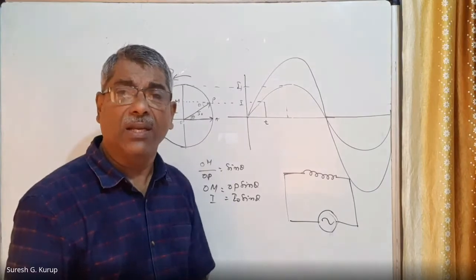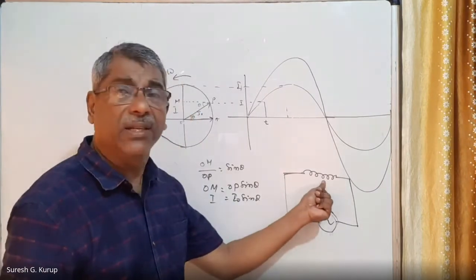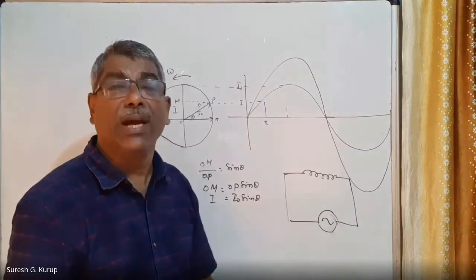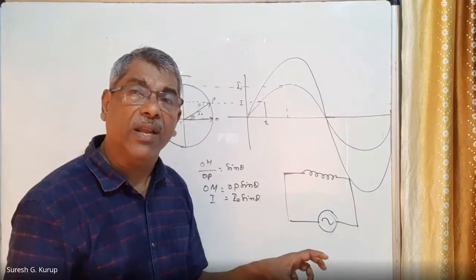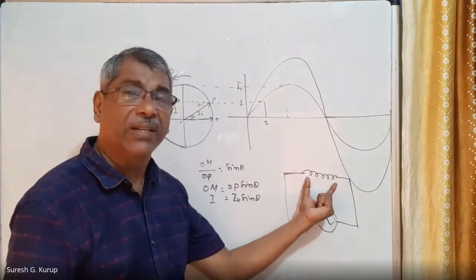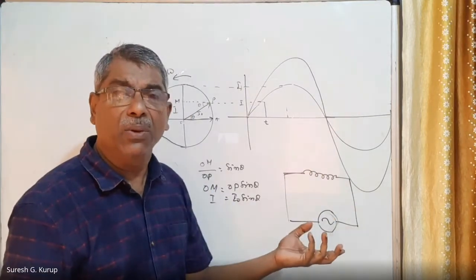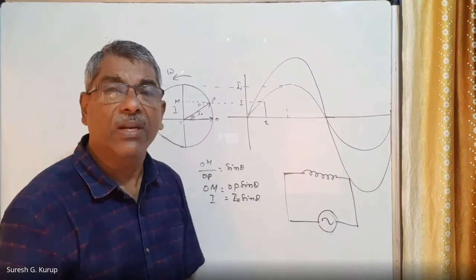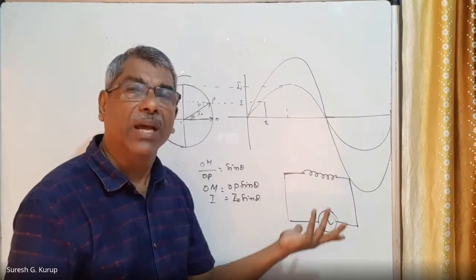AC current is that current whose magnitude is changing with time. When current through an inductor changes with time, an induced EMF is produced, hence an induced current is created that will oppose the main current. So for the current to become maximum, it will take some time, right?